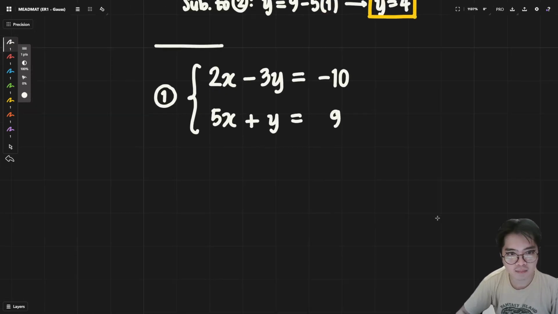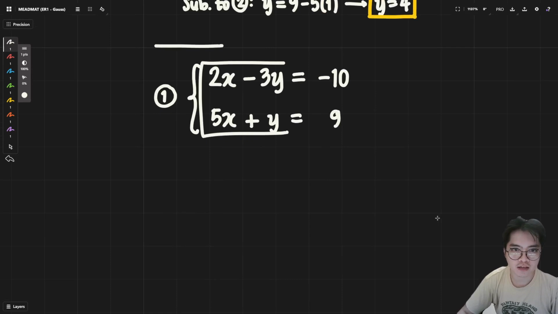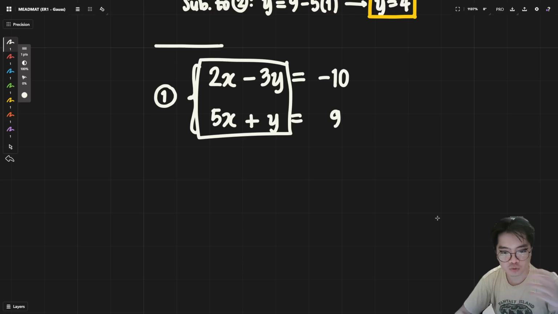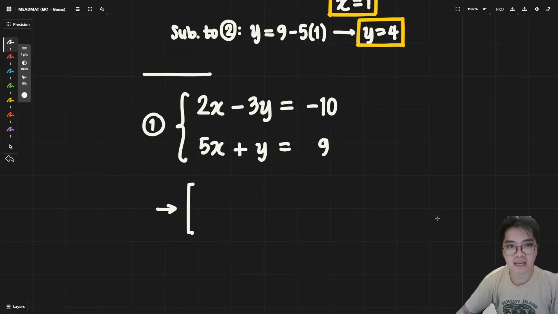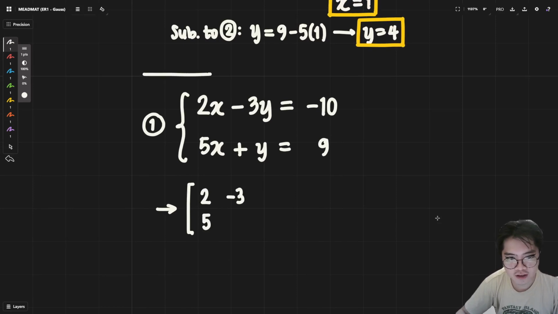Okay, how are we supposed to solve this in a matrixy fashion? Now, let's think about this first. These two left-hand sides of these two equations, notice that they can be written down like this. If you just look at all of their coefficients and keep them there, 2, negative 3, 5, and then 1, and then you have them with this matrix right here, x and y.